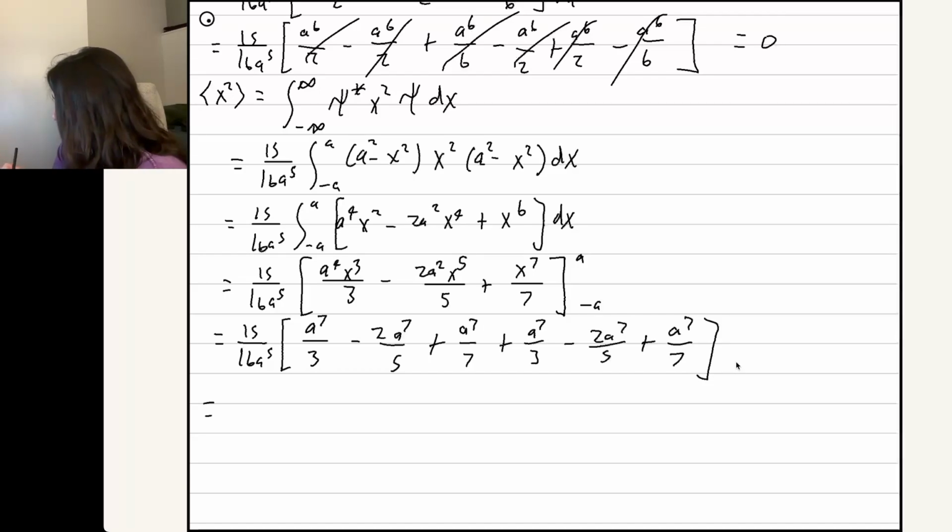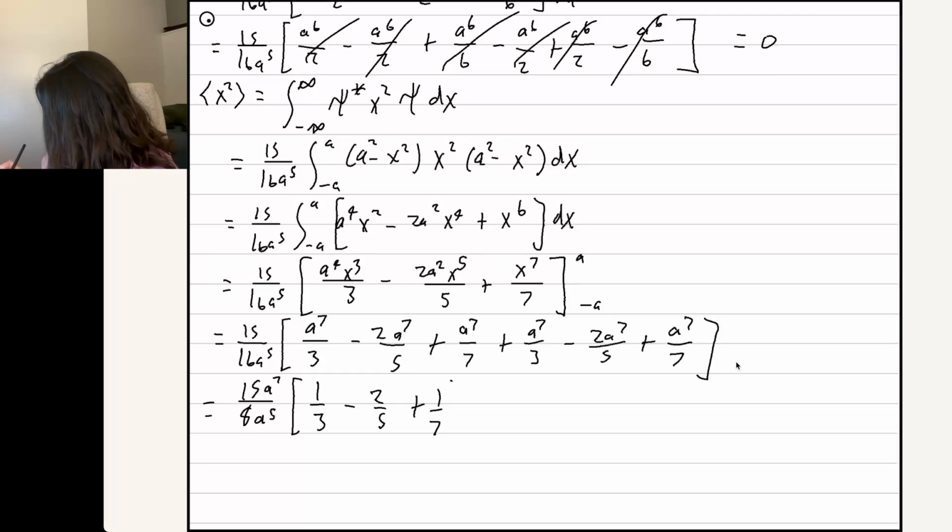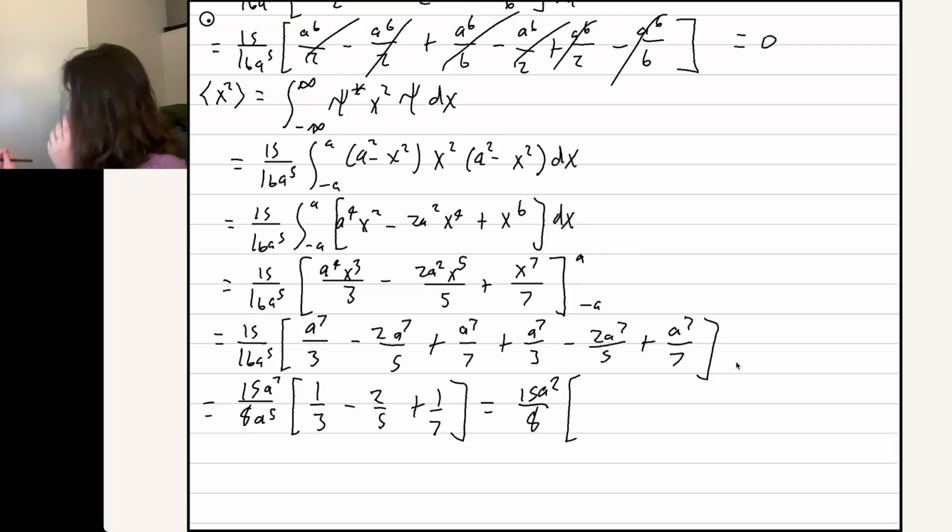So again, they all just kind of add up. So we got 15 over 8a to the fifth, just factoring out a 2, and also factoring out an a to the 7. We have 1 third minus 2 fifths plus 1 seventh. Prefactor outside simplifies to 15a squared over 8. And then we're going to have to find a common factor for these.